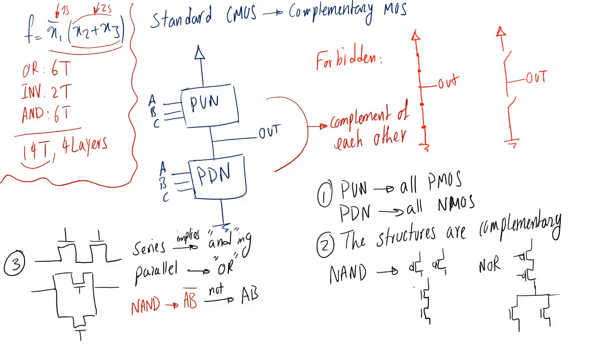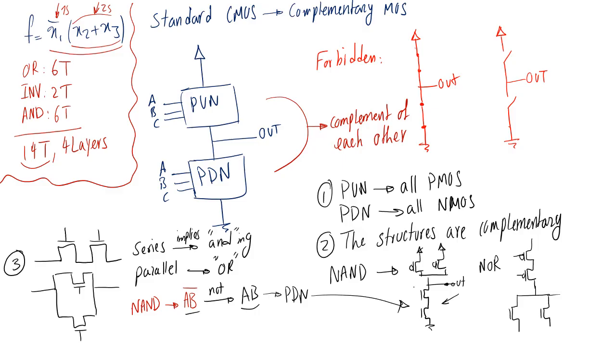If you look at the pull-down network of a NAND gate, it looks like this, which is kind of implying an AND operation, which is AB. So it's the NOT of what we wanted to have. We wanted to have (AB) bar, NOT of that would be AB, and that is what the pull-down network of a NAND gate is really representing.